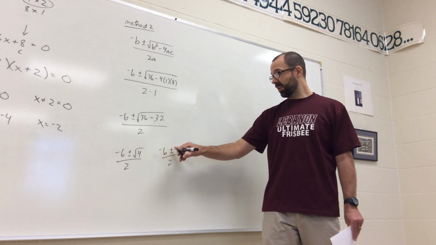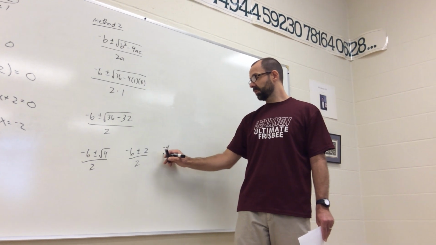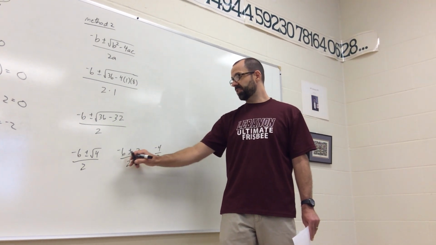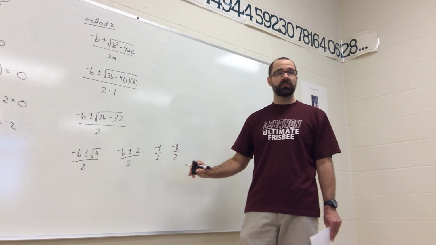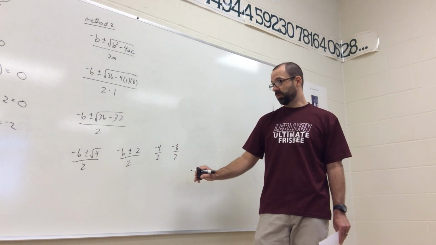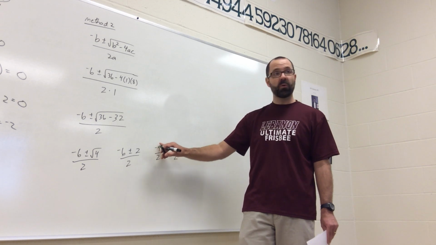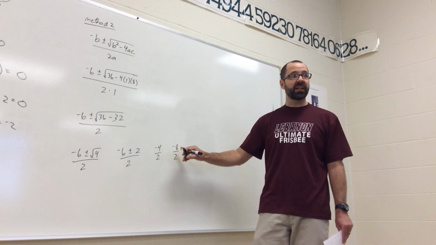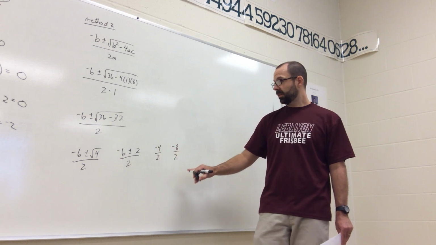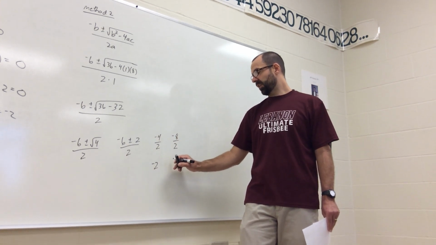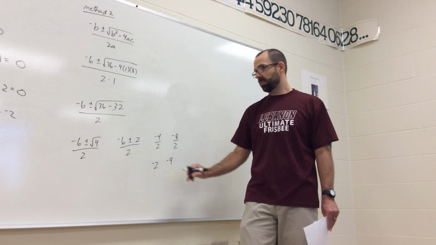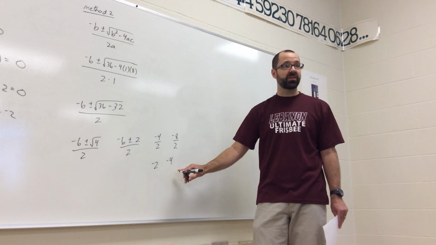So negative 6 plus 2 is negative 4, and negative 6 minus 2 is negative 8. I have to do both of those. The plus gives me negative 4, and the minus gives me negative 8. And then negative 4 divided by 2 is negative 2, and negative 8 divided by 2 is negative 4. So then I get my two answers.